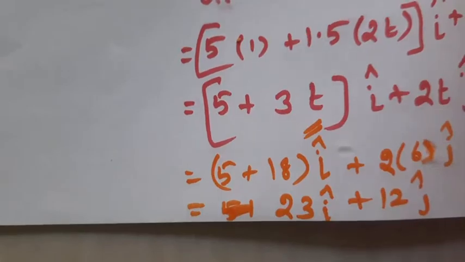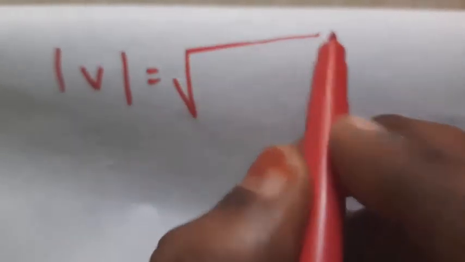And now what do you have to do here? At the end, you have to find the modulus of V. How do we find the modulus of V? It is the square root of the magnitudes.